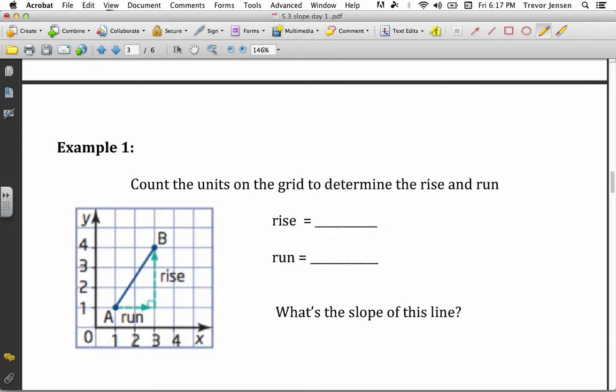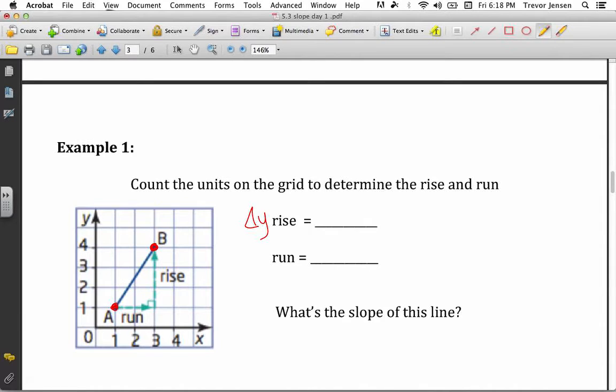So example 1, count units on the grid to determine the rise and the run. Here's my line, it's connecting points A and B. Okay? So to get from point A to B, let's count my rise. Point A is down here. I know my rise is the change in the y-coordinates, so it's the vertical distance between the 2 points.